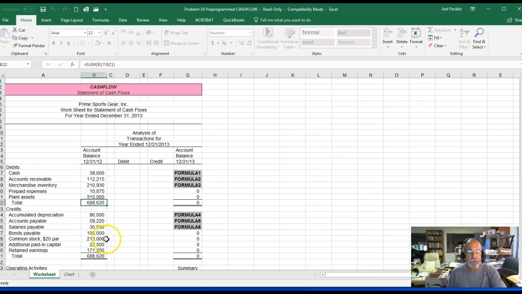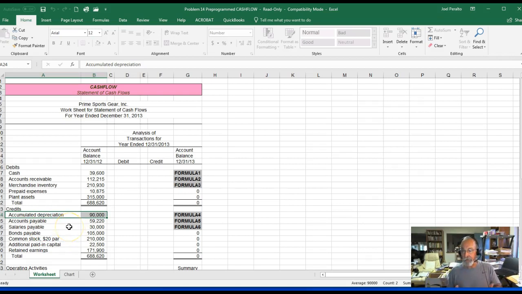And the reason they are different is because on this template they're taking the accumulated depreciation amount of $90,000, which is a credit amount, and instead of showing it up top with the assets as a reduction of the plant asset amount, they're showing it down below with the liabilities and equity as a credit.